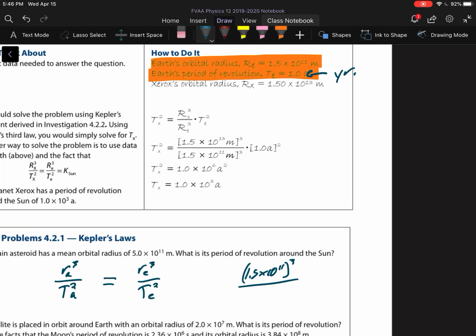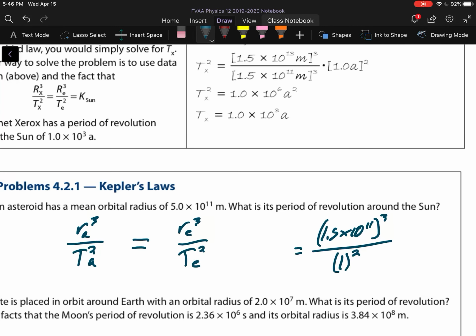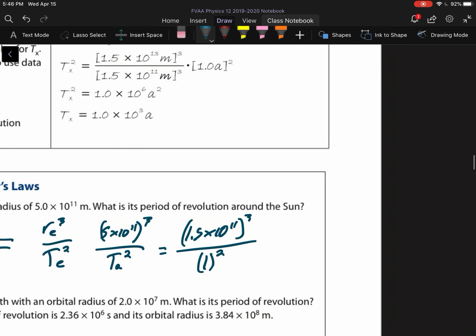And so over 1 squared is equal to 5 times 10 to the 11 cubed over t of the asteroid squared. Okay? And so here, probably cross multiply and divide and then square root your answer, and you'll get your answer.